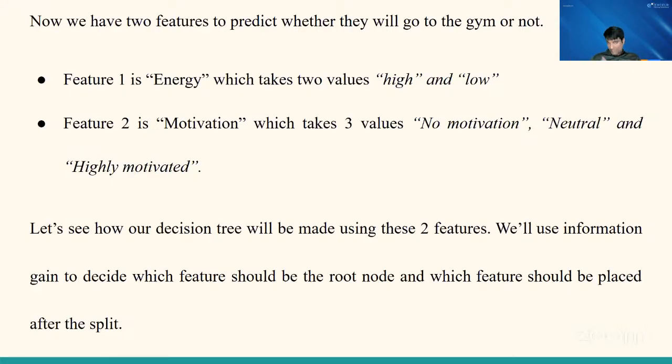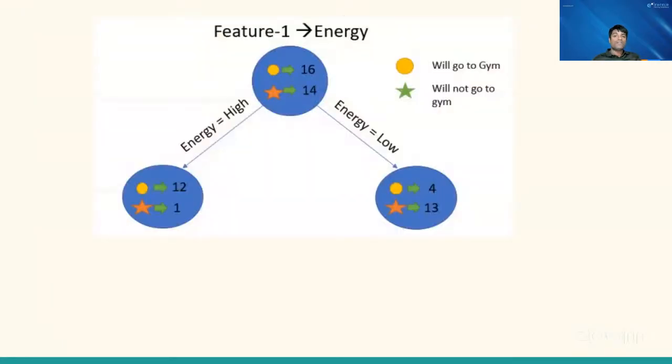Now, let us think that our decision tree has these two features. We'll use this information to decide which feature should be used to split the root node. For that, we can use the information gain. Here you can see the energy levels.